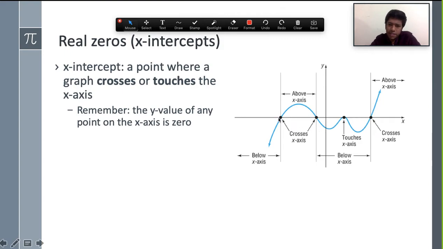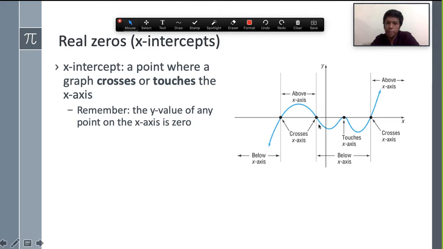So you can see that this graph at this point crosses the x-axis, at this point crosses the x-axis, at this point touches, at this point again crosses the x-axis. All of these points, this one, this one, this one, and this one, are x-intercepts, or they are the real zeros of the function.